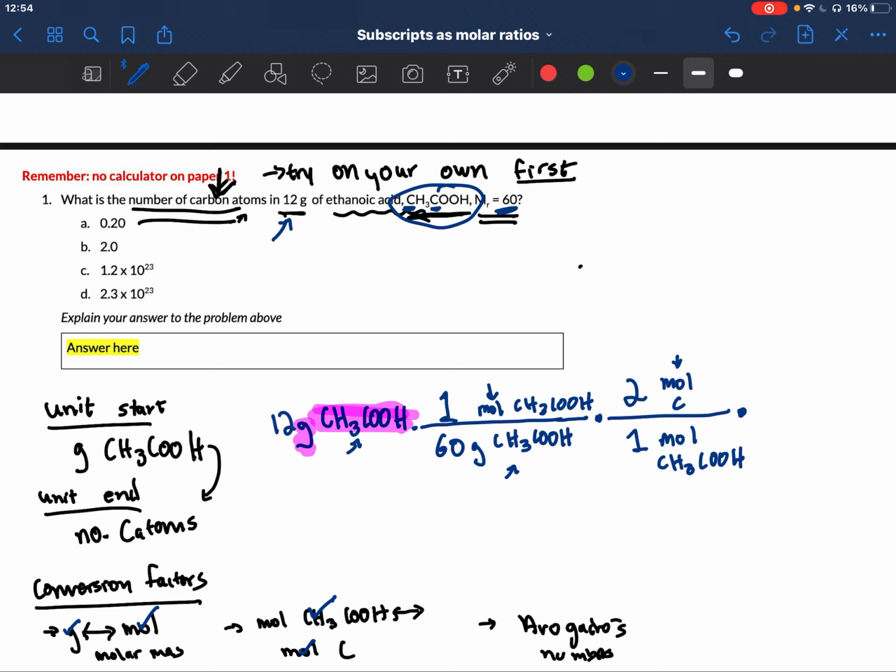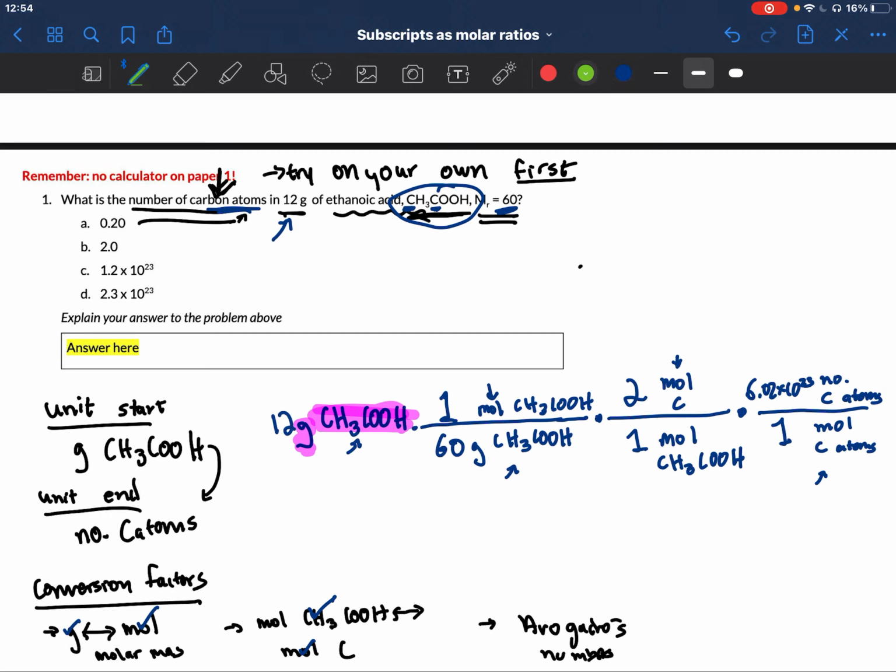I need to get into number of atoms. I have 1 more conversion factor. If I have moles on top, what needs to go on the bottom? Moles of carbon atoms. And then number of carbon atoms would go on top. For every 1 mole, I have 6.02 times 10 to the 23rd atoms.